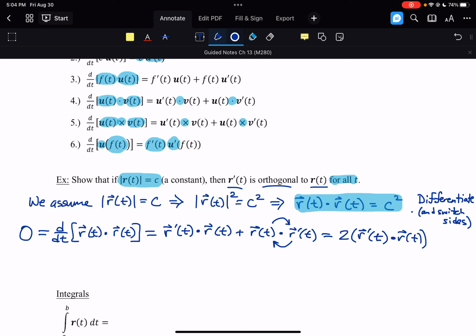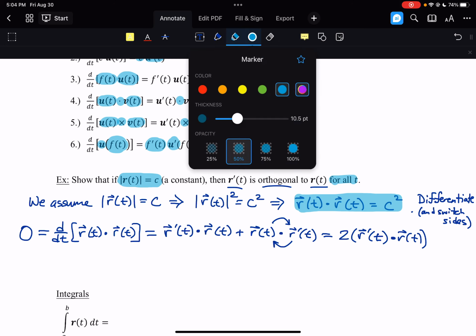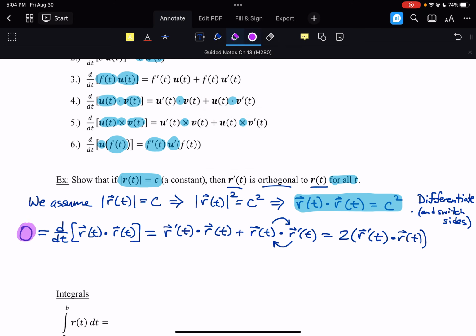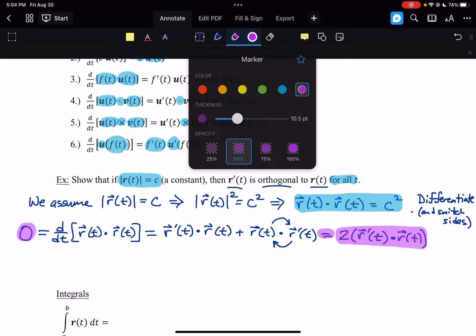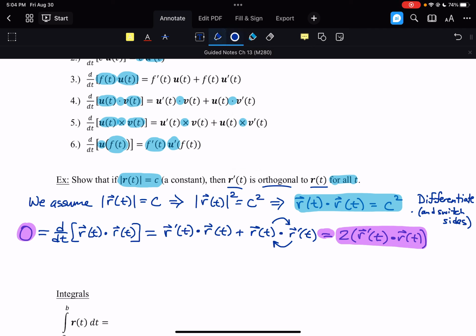So if we look at what we have at this point, we have 0 equals 2 times r prime dot r. At this point, we can divide the 2 away, and because when you divide it into the 0, it just goes away entirely. So all we have left on this side is r prime of t dotted with r of t, and then we have a 0.